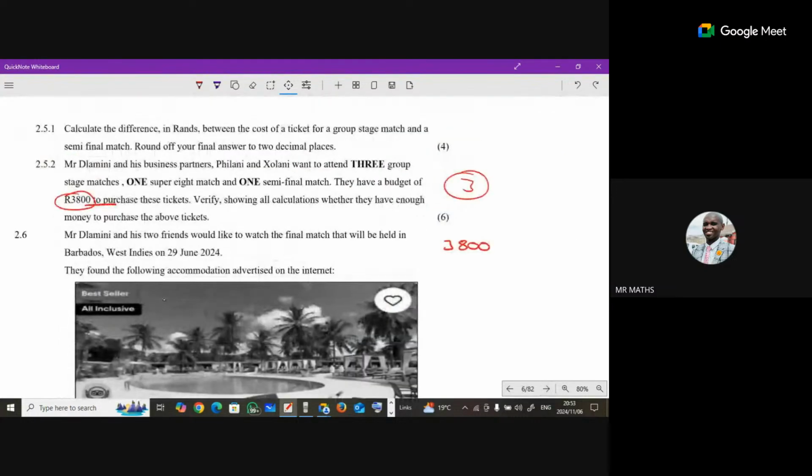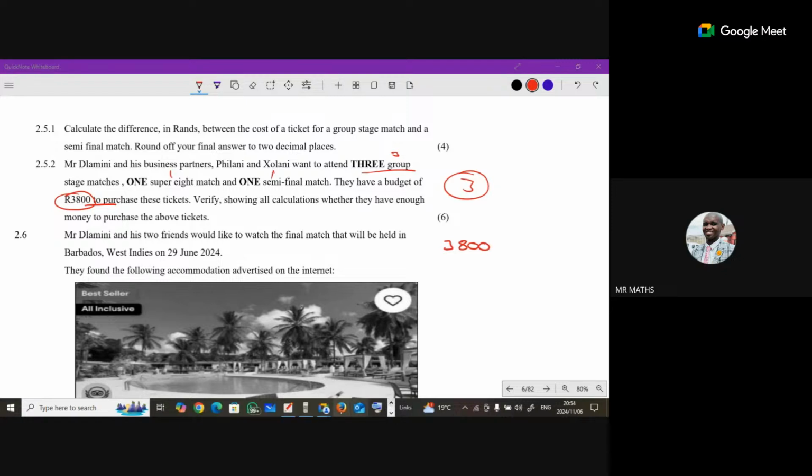They want to attend 3 group stage matches. So each group stage match, they will be 3. Are we together? So through groups.